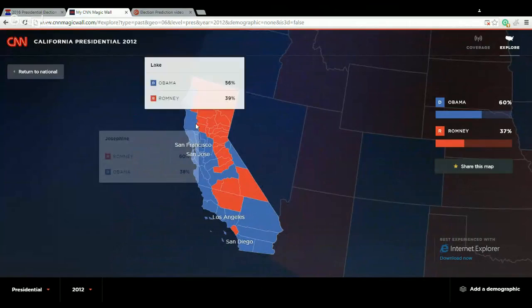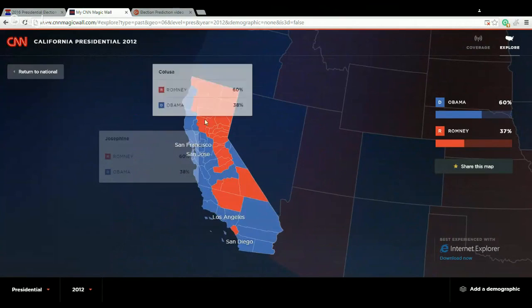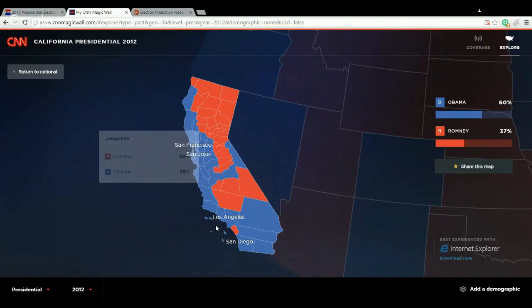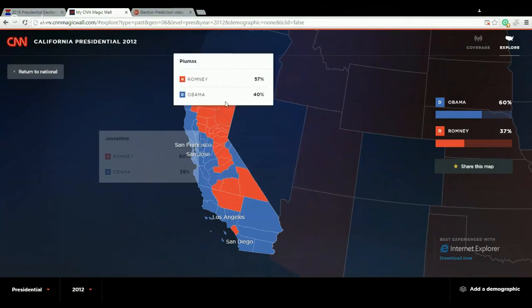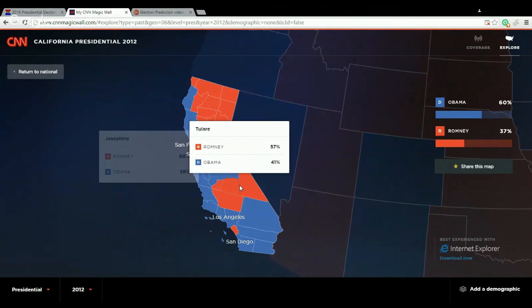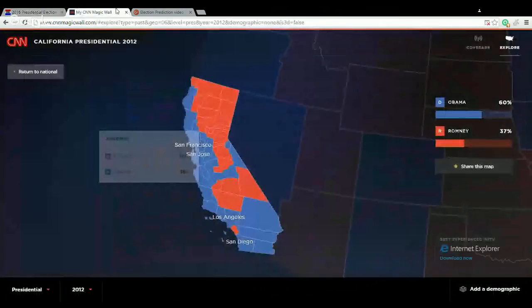The populated area along the coast goes for the Democrats, with the exception of the South, which has the highest Latino vote in California, and that also goes Democrat. So the rural areas of California go for the Republicans. So California will always go blue because of that.